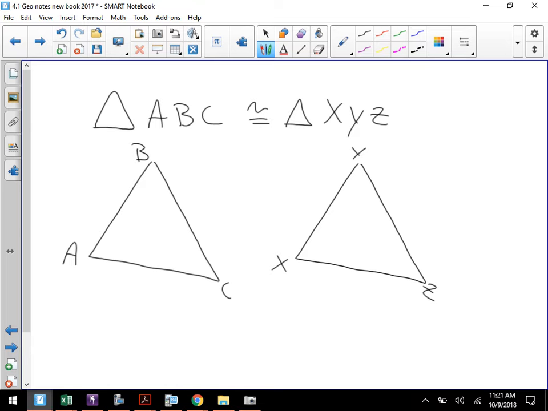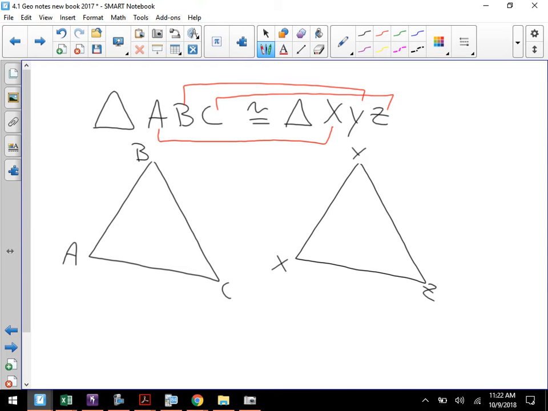Parallel lines cut by a transversal, corresponding angles were the angles in the same position. It's kind of the same idea as you think about the terminology here. If you had parallel lines cut by a transversal, corresponding angles were congruent because they were in the same position. If I think about that word corresponding, the letter B matches the letter Y because they're the second letters. Same thing with A. A has to match with X, and then C would have to match with Z.